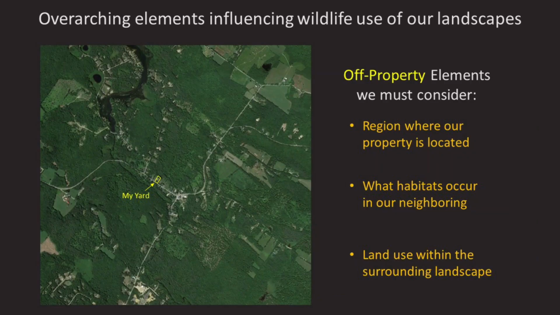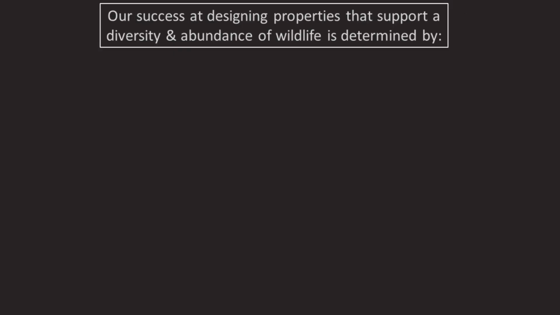And although we may not be able to influence them, we need to consider off property elements, such as where our property is located and the land use and what habitats occur in the neighborhood around our property, because these influence what wildlife are around us and how easy it is for them to get to our land.